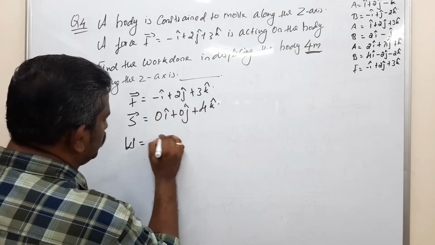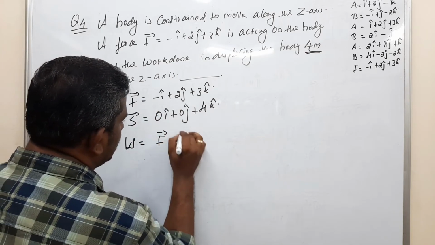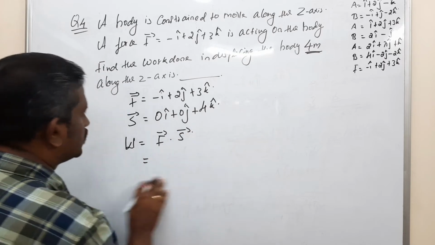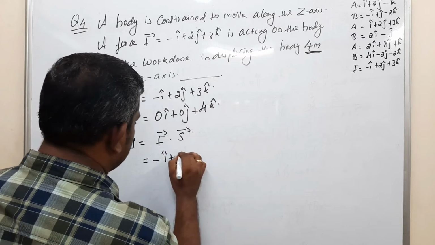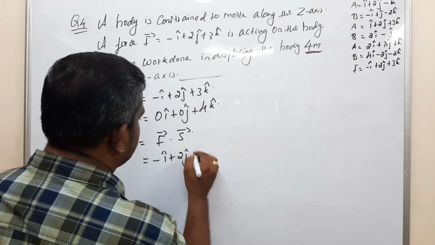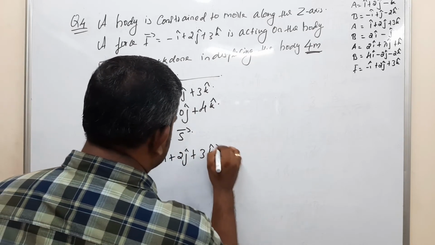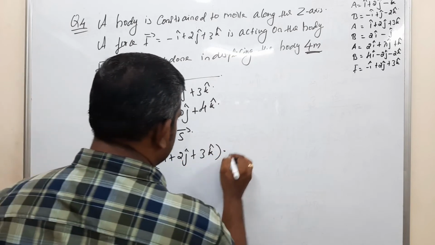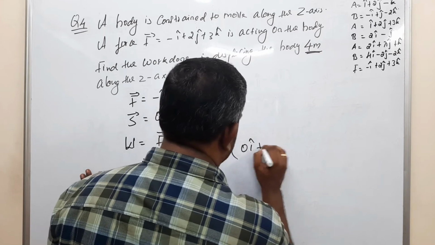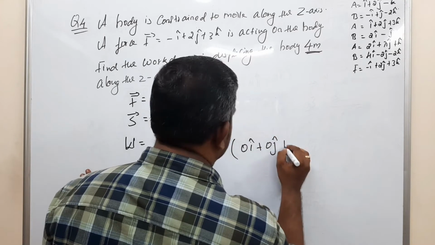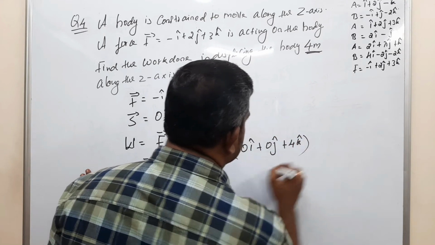So work done is equal to, what is the formula? F vector dot displacement vector. That is F vector, minus i cap plus 2j cap plus 3k cap, dot, what is S vector? That is 0i cap plus 0j cap plus 4k cap.